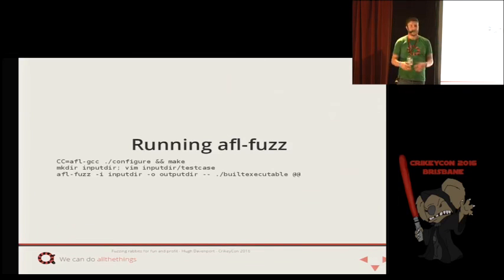And then right at the end you say this is how you run the program. So on the right hand side you've got an @ sign. That is basically going to be replaced by the file that contains the fuzz data. If you don't include the @ it's just piped through standard input.